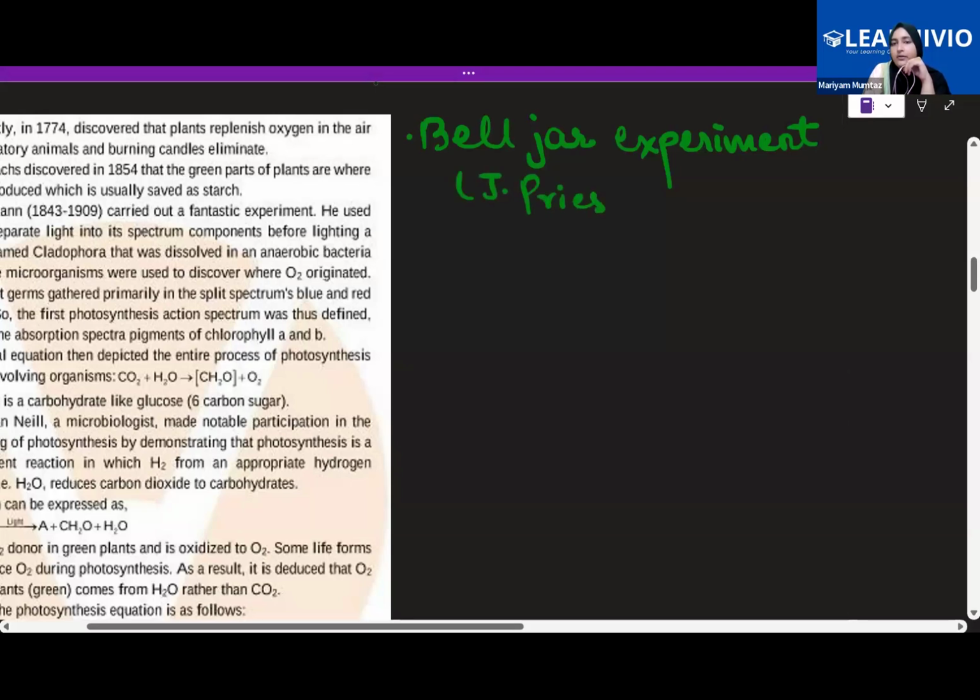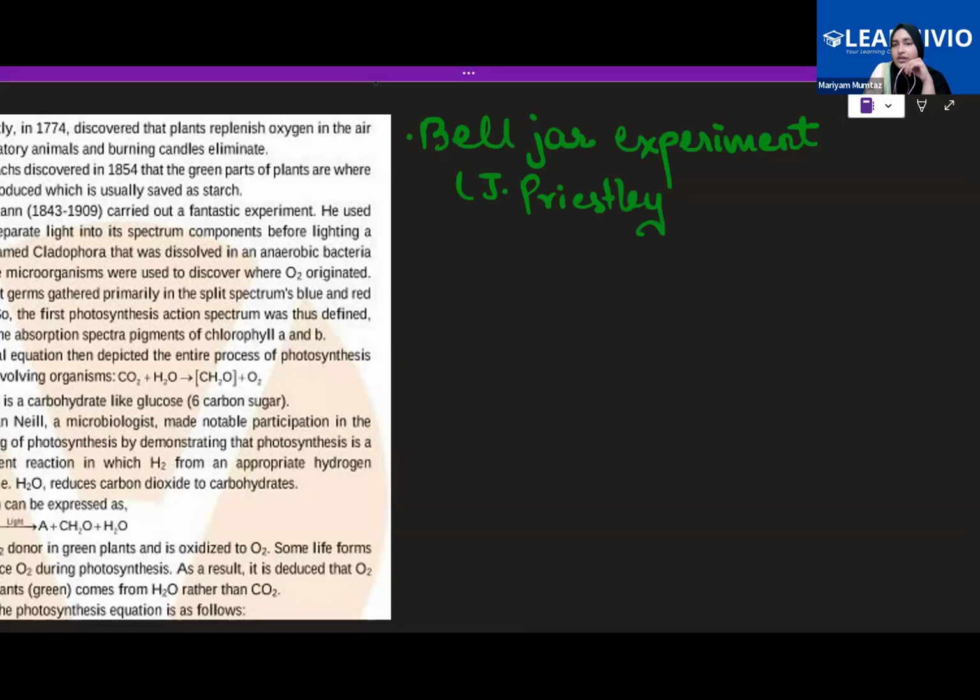So when we talk about this particular experiment, under the bell jar you put a candle into it, which was burning, and then you put a mouse into it.